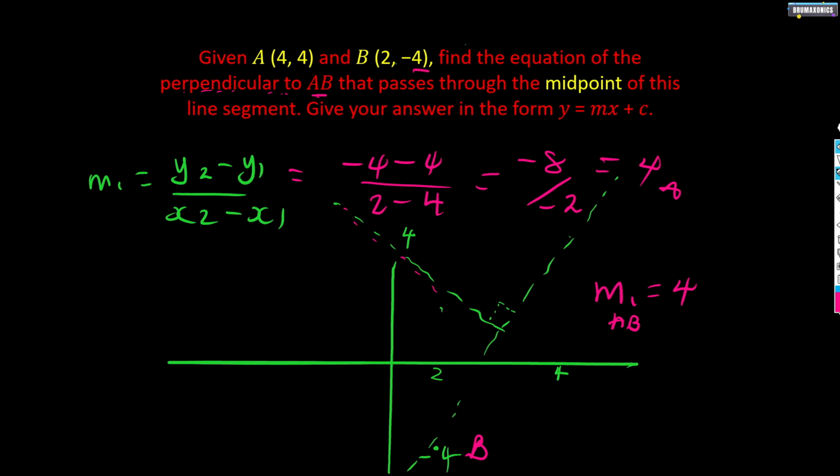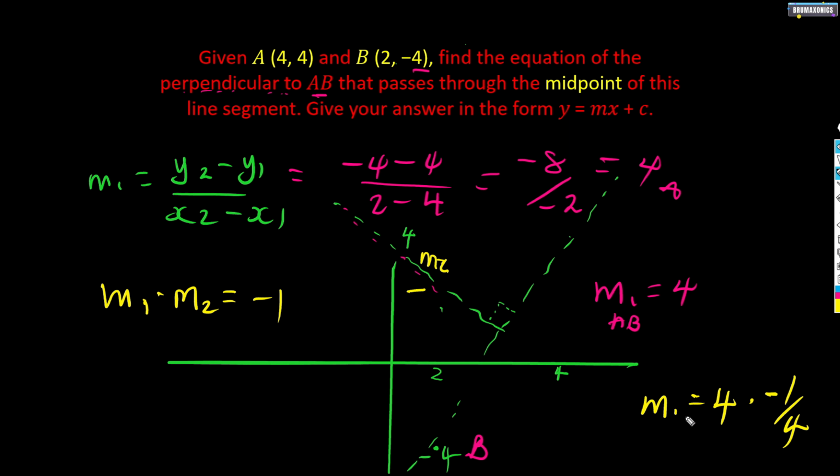Meaning that in order for us to get the M2 for this one, we have to get a negative 1 when we multiply its value with this, or the product of M1 and M2 should give us a negative 1. So now we can say M1, which is 4, multiplied by negative 1 over 4.